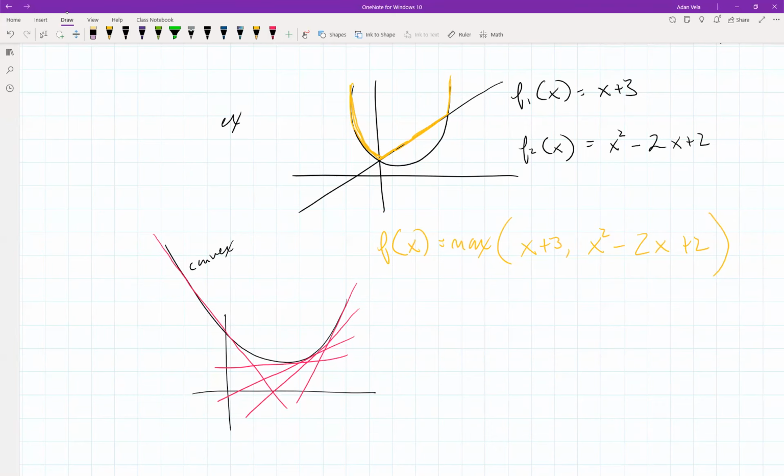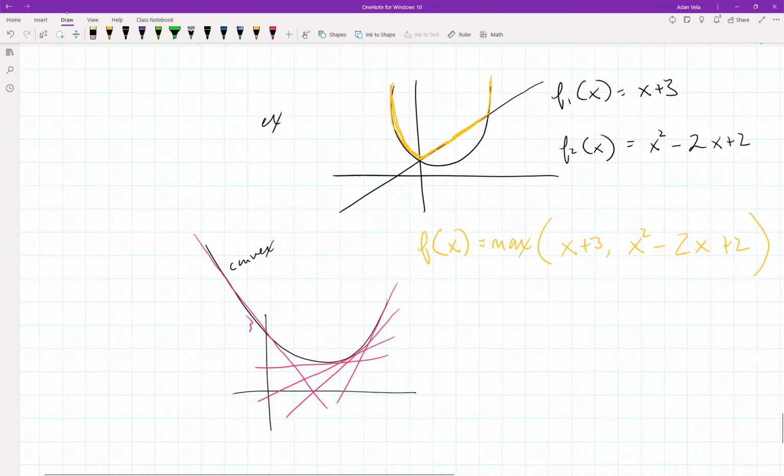If we take the maximum of all these tangent lines, that will define the following function that I'm drawing in yellow. Now, it's not a perfect approximation, but it's pretty good. So this is one way that by taking a maximum of a bunch of tangent lines, we can actually approximate a nonlinear function just using linear equations.